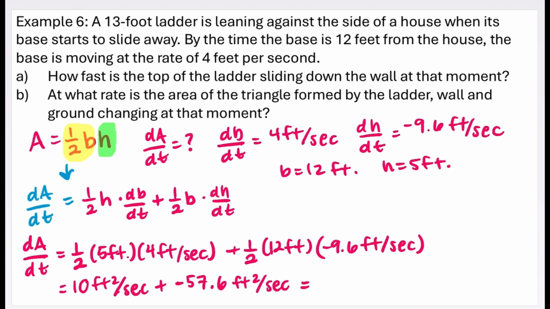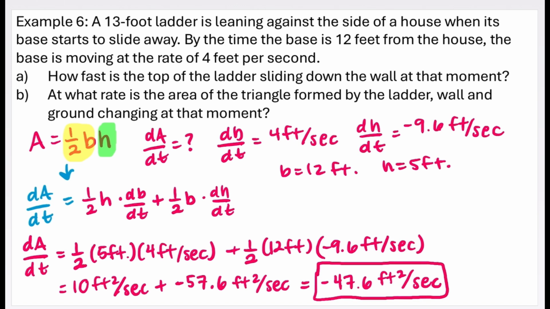So my final answer here is going to be negative 47.6 feet squared per second. So that's the rate that the area is changing as that ladder is falling to the ground, specifically when the ladder is 12 feet away from the bottom of the wall, out, and 5 feet at the height.